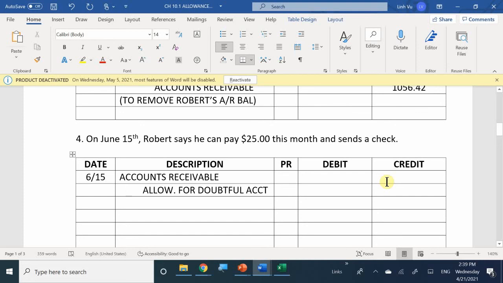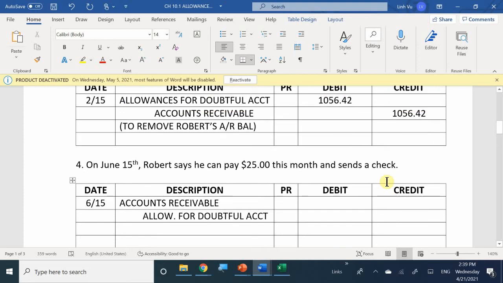Now, the question is, are you going to put back the whole entire balance amount or whatever he paid us? I would say whatever he paid us. Okay. What if he pays us next month? So we put the total amount back in to figure out what the debt is? Good.